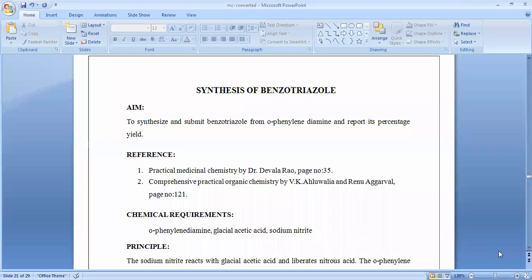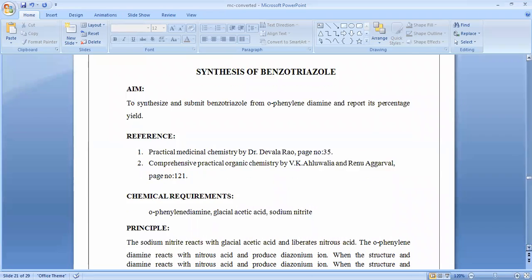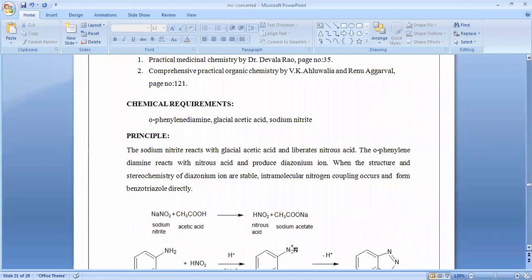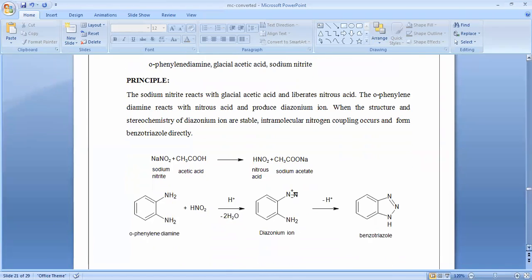So what will be the principle for the synthesis of benztriazole from orthophenylene diamine? See, in the earlier case, we used the same orthophenylene diamine and synthesized benzimidazole. Now we are synthesizing benztriazole. See the structural difference between benzimidazole and benztriazole. Benzimidazole has only 2 nitrogen atoms, and here there is the presence of a carbon atom.